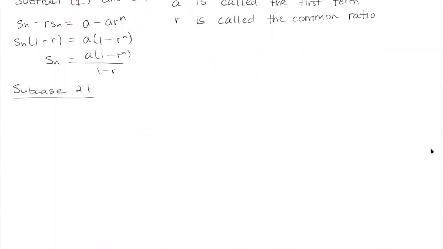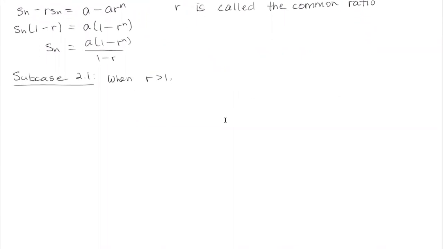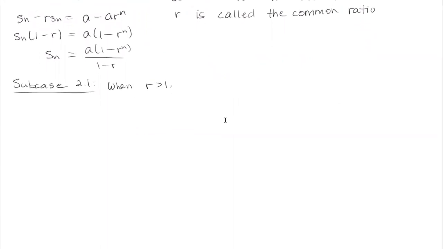When we consider r to be greater than 1, what we get is that, by taking the limit as n approaches infinity of Sn, that is the limit as n approaches infinity of a times 1 minus r to the n over 1 minus r. Now, obviously, the only term that is actually going to be affected is this one.